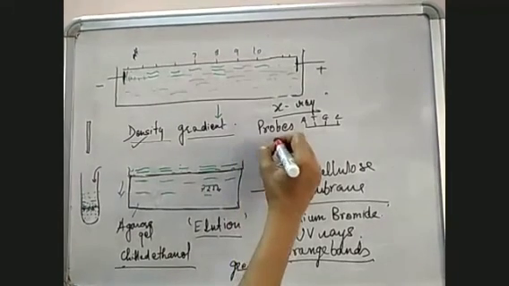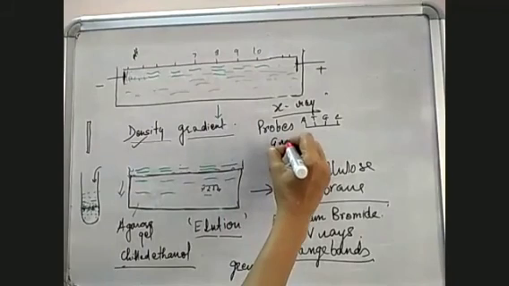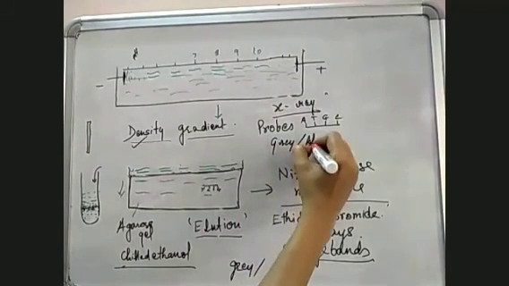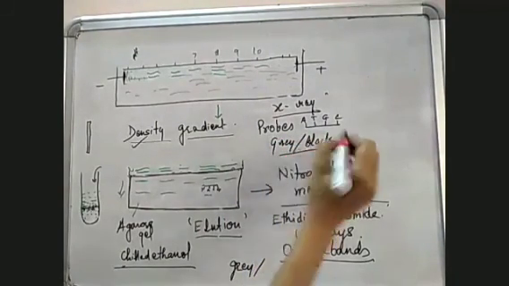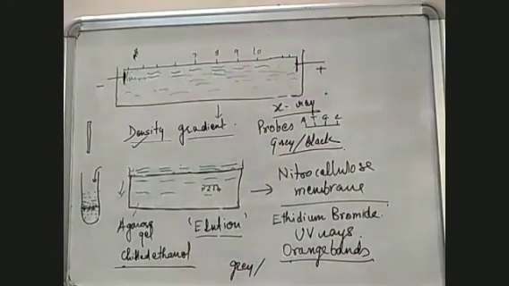The band which appears in this case is gray or black. We see it and remove it by the process of elution. So these are the two ways to remove the different sizes of DNA which are there in the agarose gel.